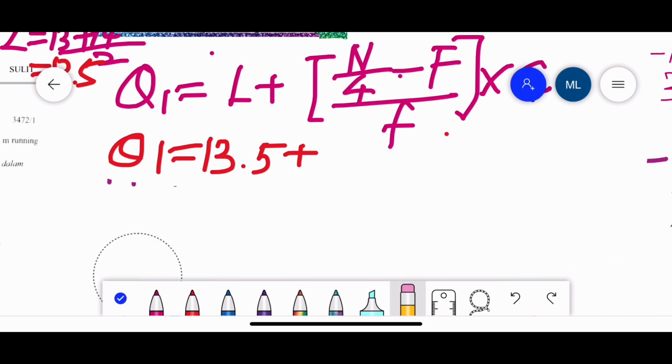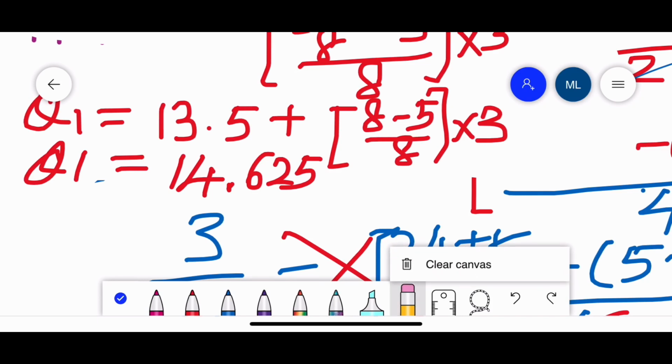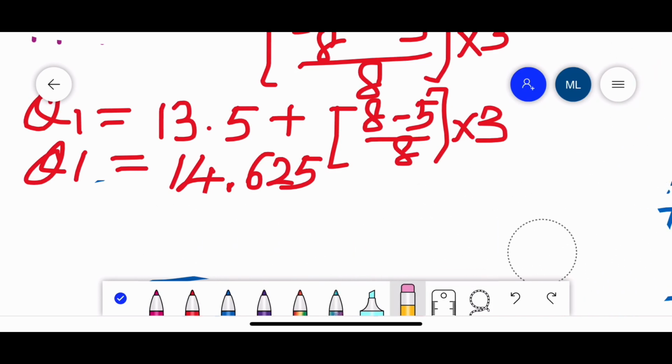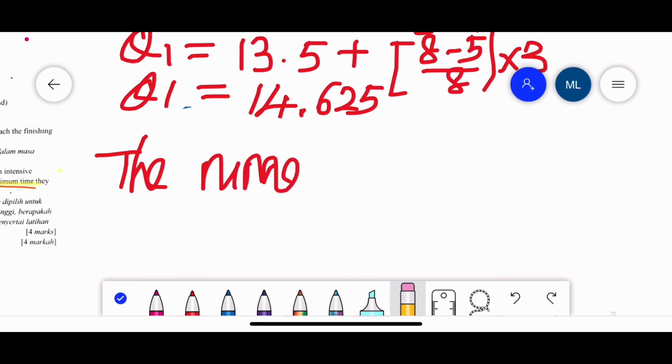So we have L is 13.5 plus, the N is 32 divided by 4, so it's 8 minus 5, over 8, times the 3. So the first quartile is 14.625. Okay, so that is how you work out the first quartile.